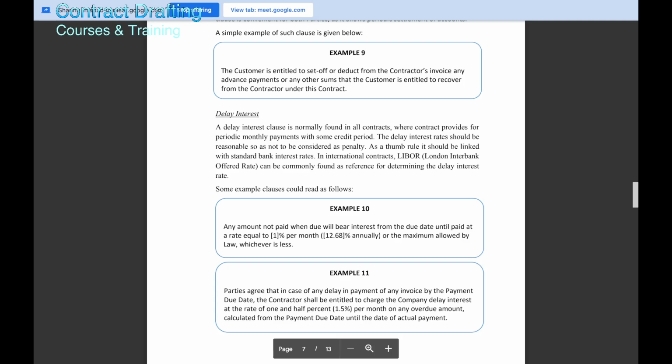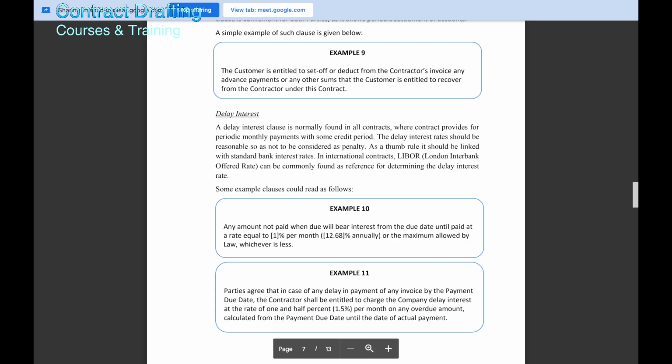There can be a clause on credit approvals, like there can be a situation where a service provider is giving certain credit to the client up to certain limit, and beyond that credit, if the client breaches, then they may suspend the service. There can be clauses on taxation, which include a clause relating to TDS deduction. There can be a currency clause, especially in international contracts where the parties come from two different countries.